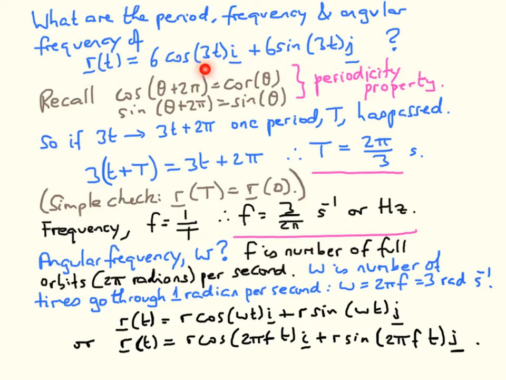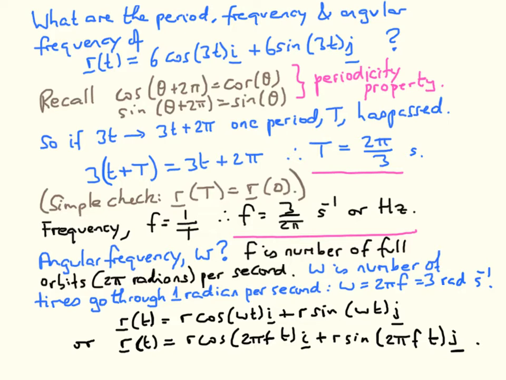It involves the trigonometric functions cosine and sine, and they have a periodicity property that if you increase whatever their argument is by 2 pi, you get back to where you started.